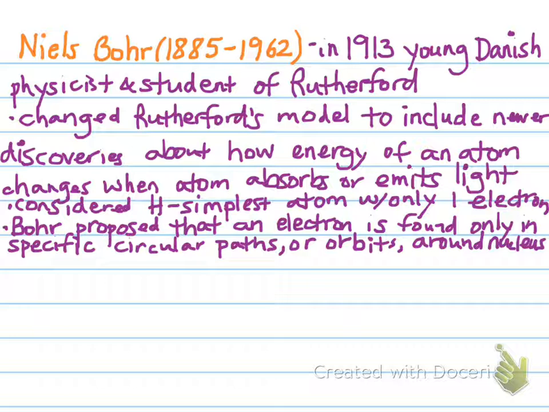So he says, hey, I don't just find this electron anywhere around the nucleus of this atom. It's going to be in this specific circular path, which he calls an orbit.